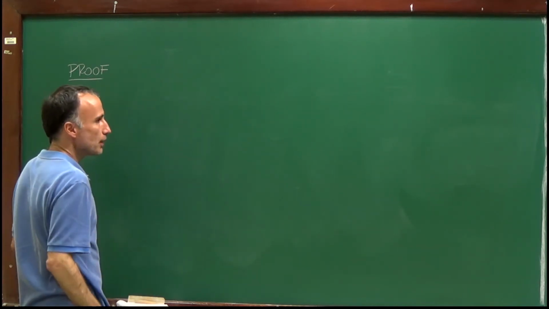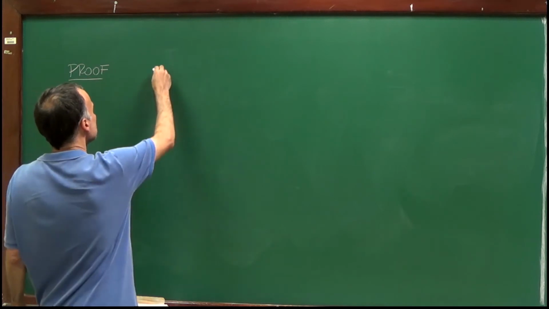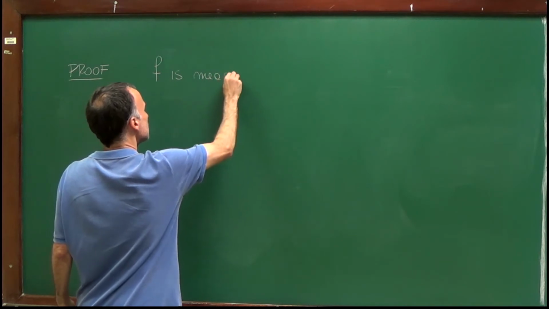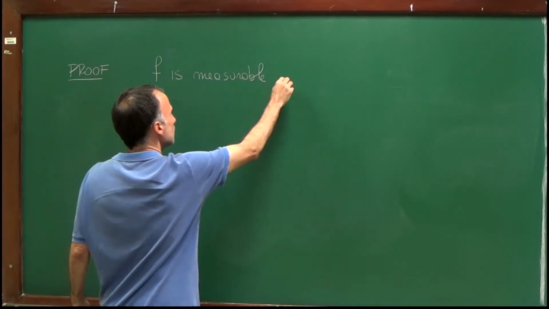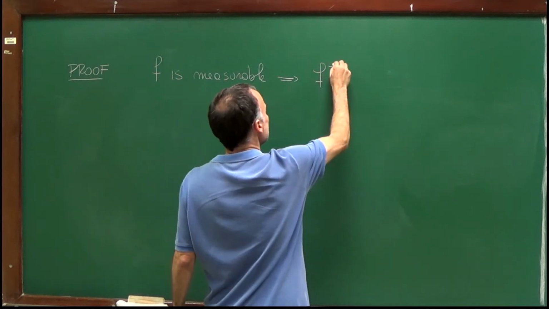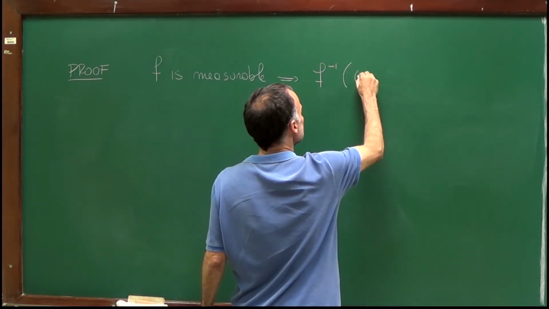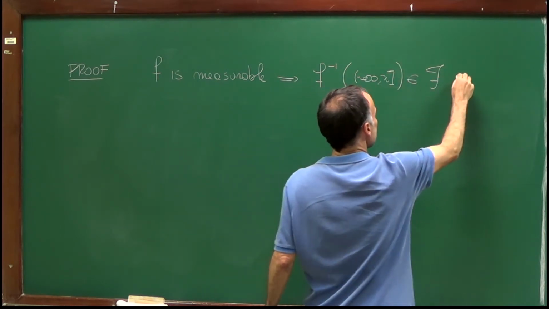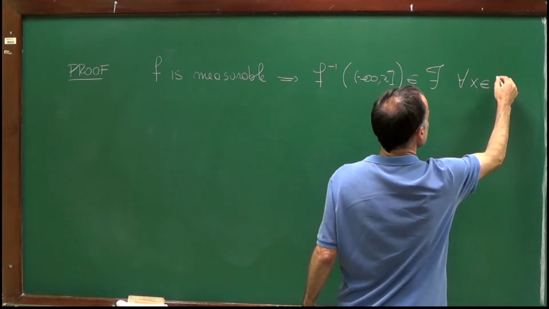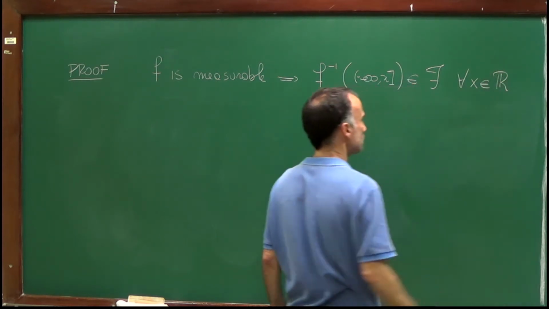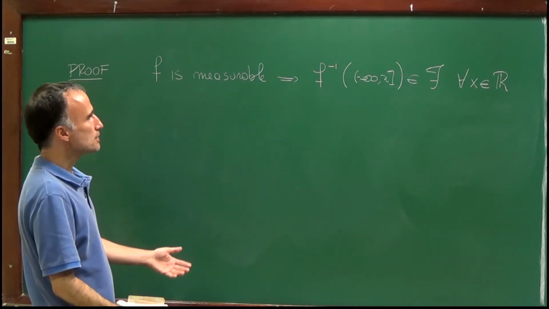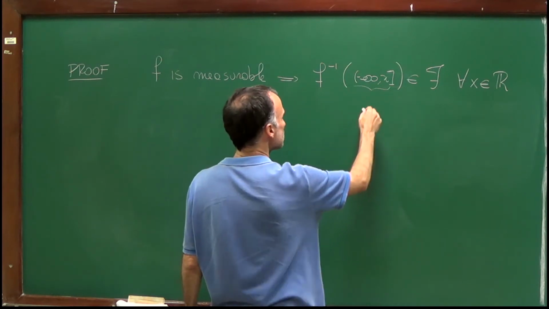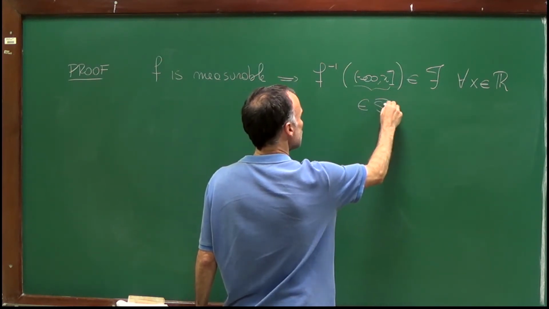So there is one direction which is very simple. I claim that if f is measurable, then f minus 1 of minus infinity, x belongs to F for any x in R. Well, this is clear because the set minus infinity, x belongs to the Borel sigma algebra.